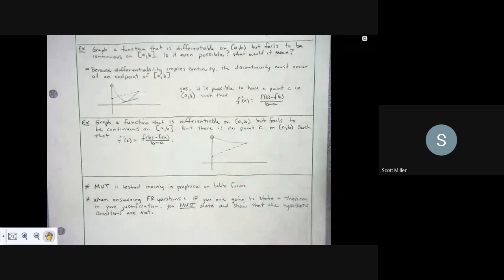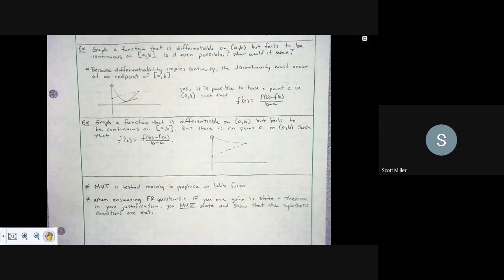And then down at the bottom here, some closing arguments on this part right here before we do more examples. The mean value theorem is tested mainly in a graphical or table form on the test. When answering a free response question, if you're going to use the mean value theorem as a justification for your answer, you must state and show that the hypothesis conditions are met.